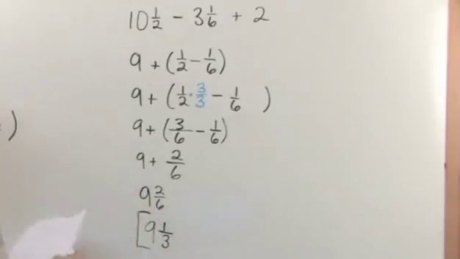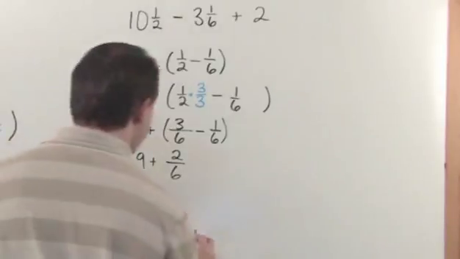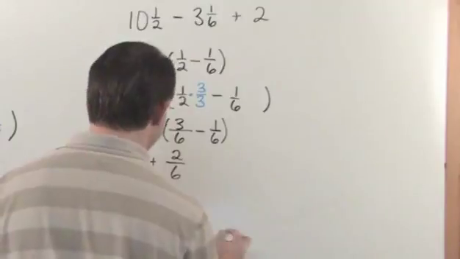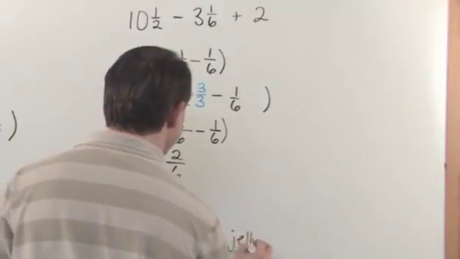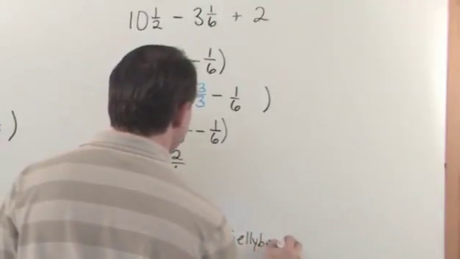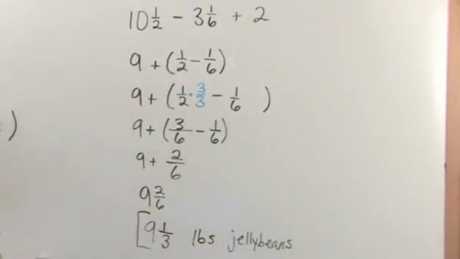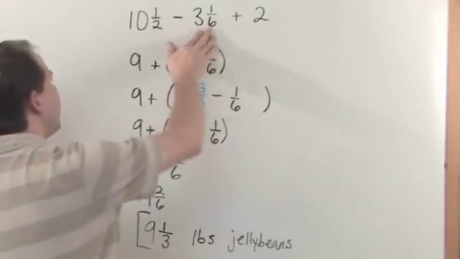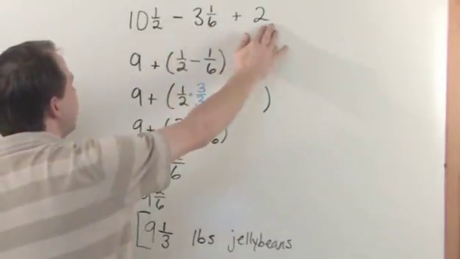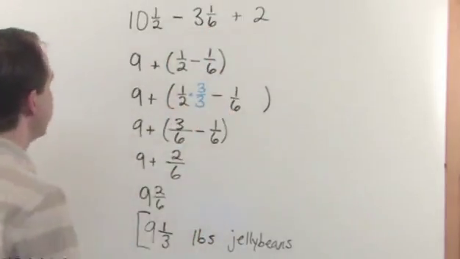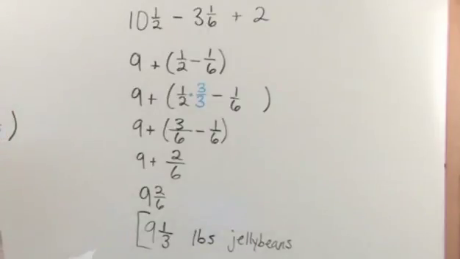Okay, so the answer is 9 1/3 pounds of jelly beans. Pounds of jelly beans remain. That's how many remain. So if you start with 10 1/2 pounds and you subtract out 3 1/6 pounds, but then you add in 2 pounds, you're going to be left with 9 1/3 pounds of jelly beans left over.